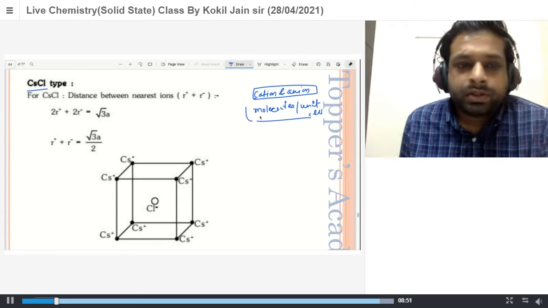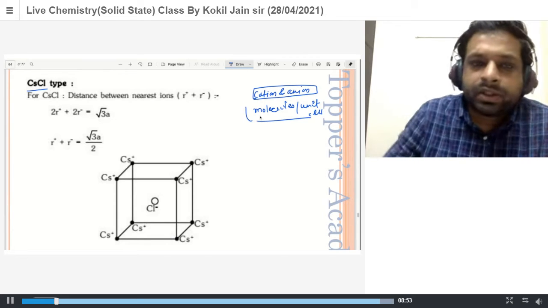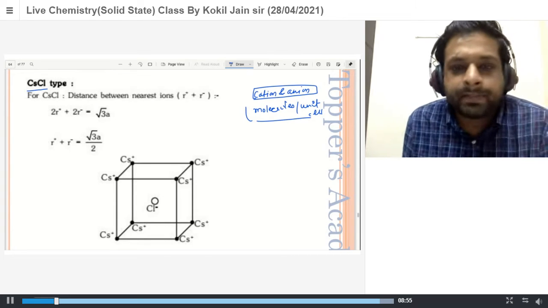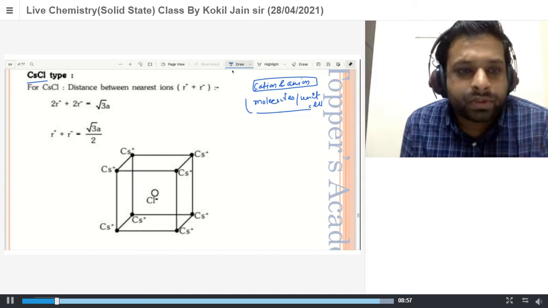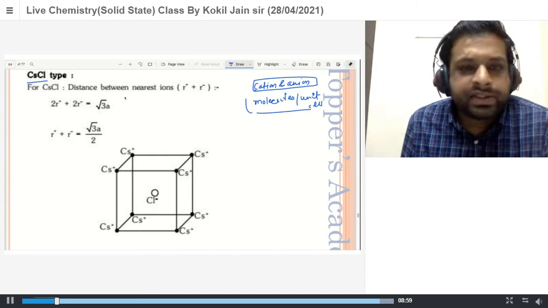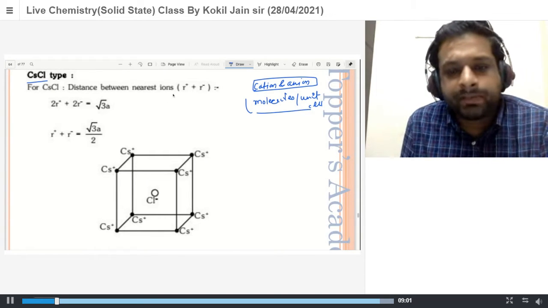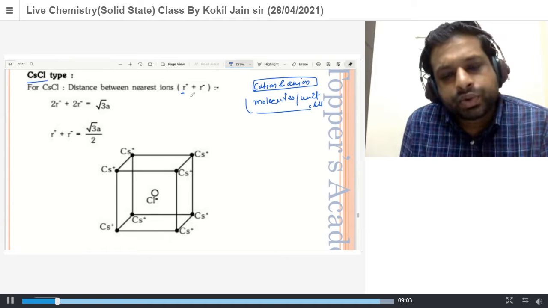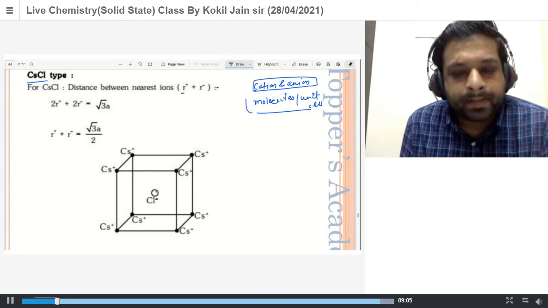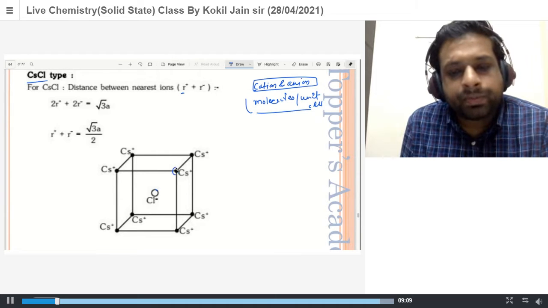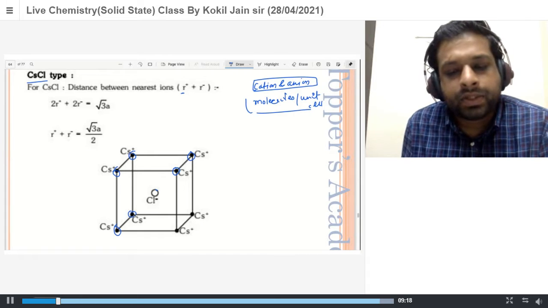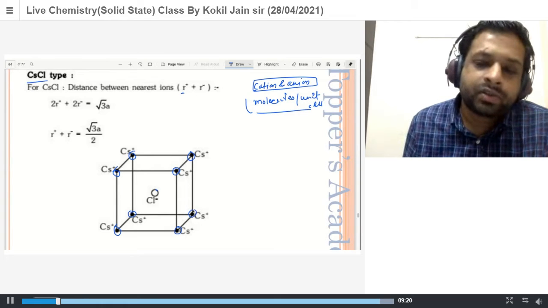Now see here, in this CsCl type of structure, cesium is occupying the corner sites only.